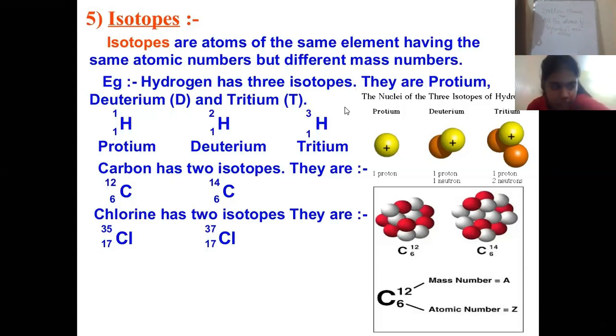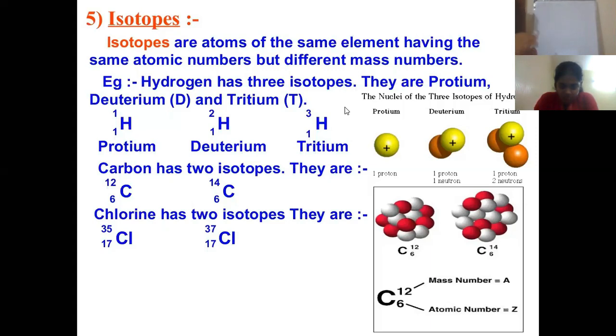Now, what was that disparity? There were certain atoms of the elements whose atomic number was the same, but mass number was different. Although they are atoms of the same element, their atomic number was the same but mass number was different from each other.